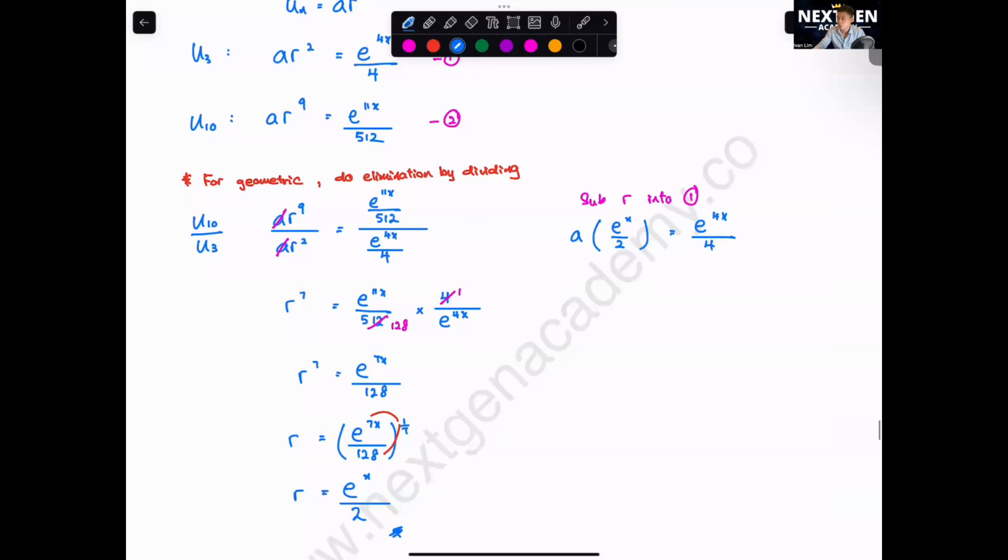Wait, square here. So here you get e to the power 2x over 4 equals e to the power of 4x over 4. Okay, 4 and 4 will get rid of each other. Then we can do a equals e to the power of 4x over e to the power of 2x, and we'll get e to the power of 2x.